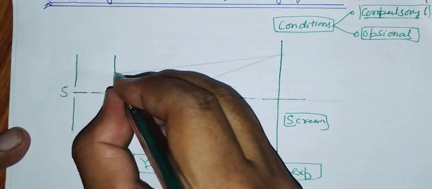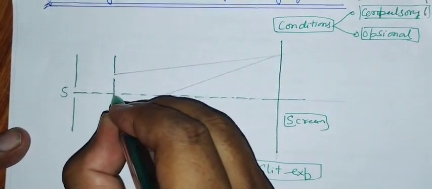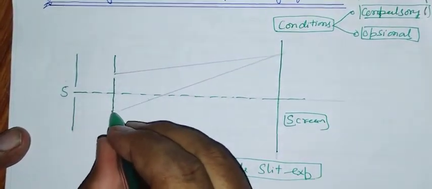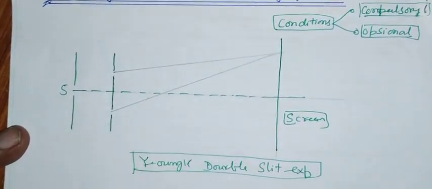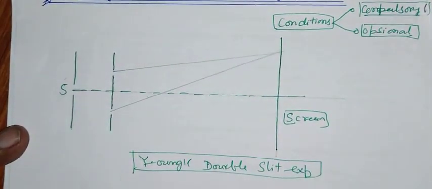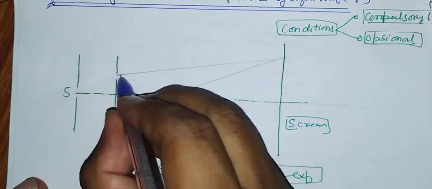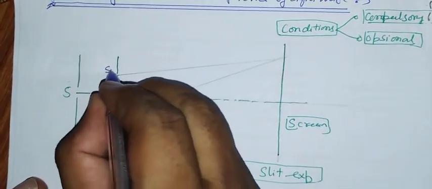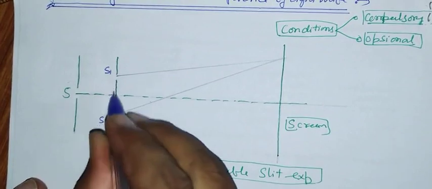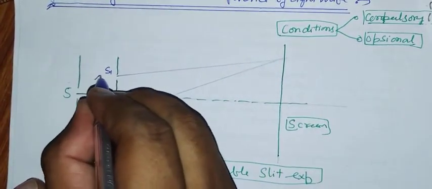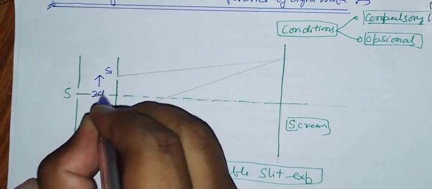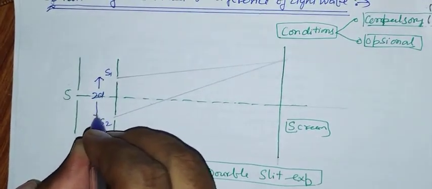Another obstacle is kept some distance away from it, and two narrow holes are made in it. These two narrow slits behave like two virtual sources, and the distance between both virtual sources is denoted by 2d.